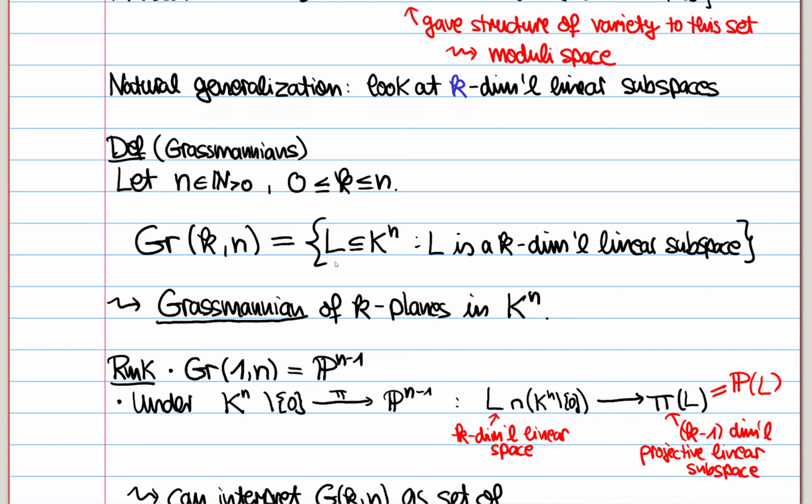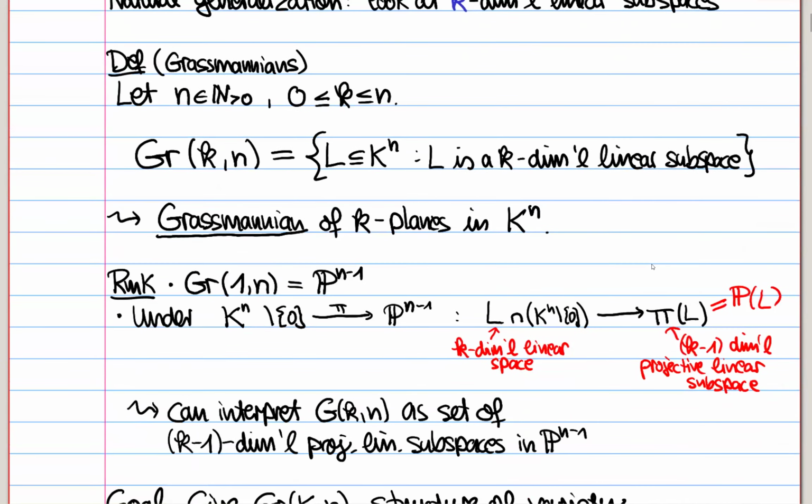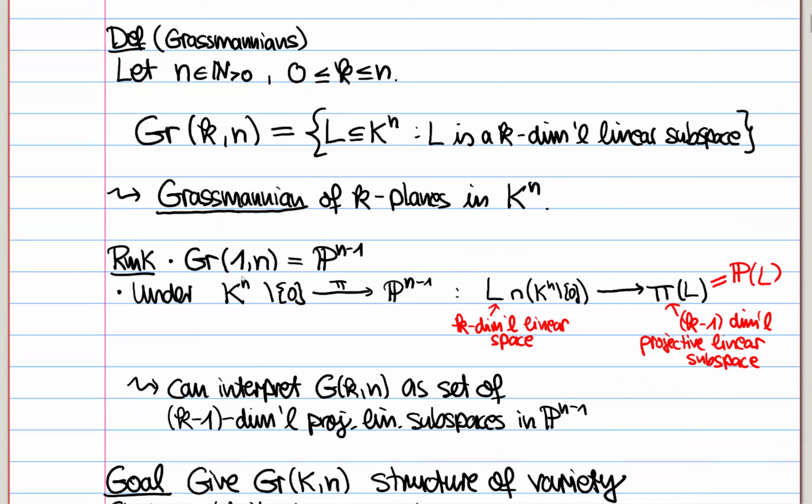This is just the set of L inside K^n, where L is a k-dimensional linear subspace. And of course, as we saw above, the Grassmannian of one-dimensional subspaces in K^n is exactly P^(n-1).